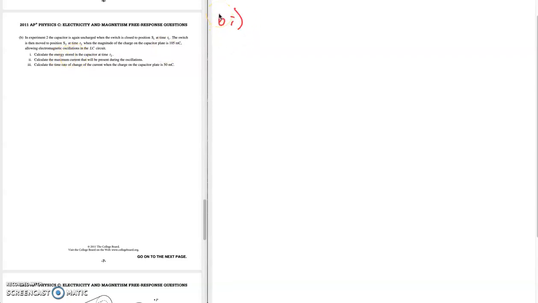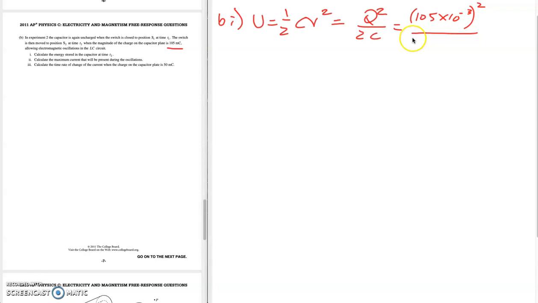So B part A, energy is 1/2 CV squared, which is also Q squared over 2C. And hey, they gave us Q. So that's why I'm switching over to Q squared over 2C. So 105 times 10 to the minus third squared, over 2 times 25 times 10 to the minus third. Gets us 0.22 joules.